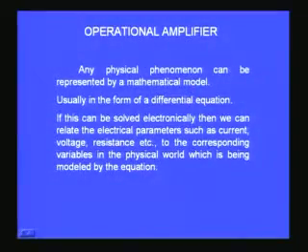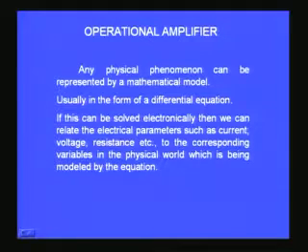So for every physical phenomenon, in principle one can obtain a mathematical model, and if that mathematical model is in a differential form, many physicists will be very happy, because differential equations can be very easily solved, and you can impose some of the boundary conditions and try to realize the actual situation with reference to the model that you have looked at. If the differential equation can be solved electronically, it provides you an additional feature.